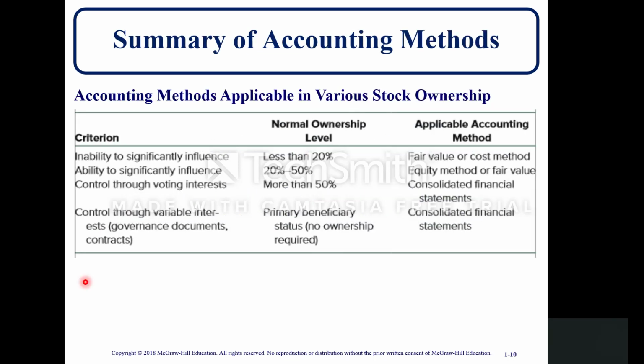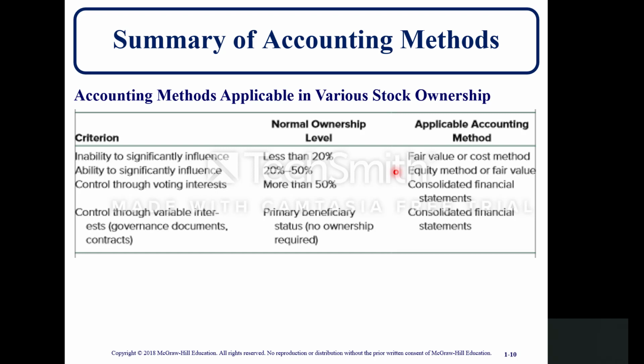So here we have a summary of accounting methods. It's a chart here describing the different criterion, the normal ownership level, and the applicable accounting method. And so here, inability to significantly influence is less than 20%. You'll use the fair value or cost method. Ability to significantly influence, 20 to 50%.